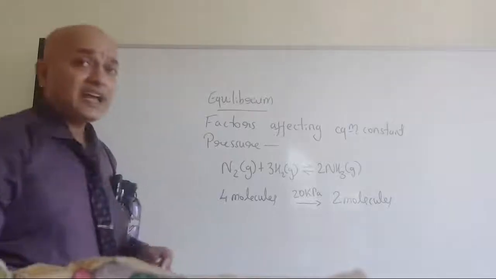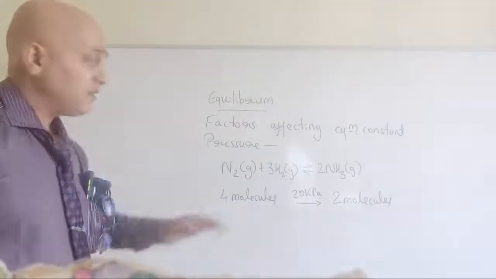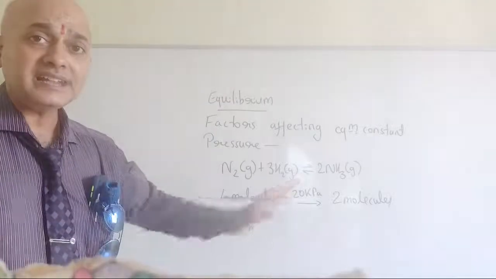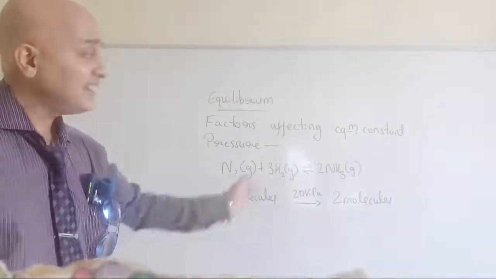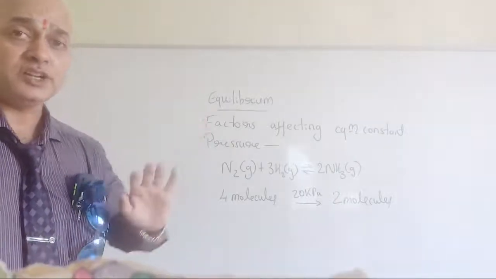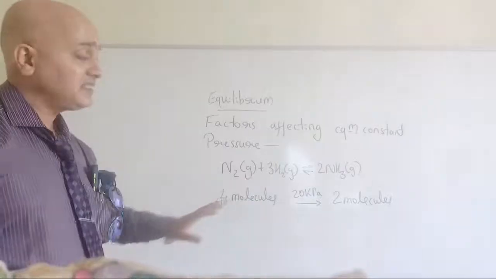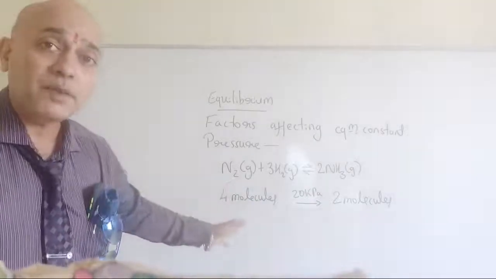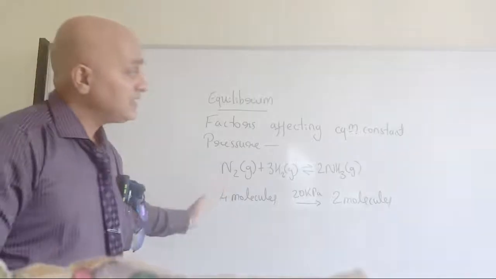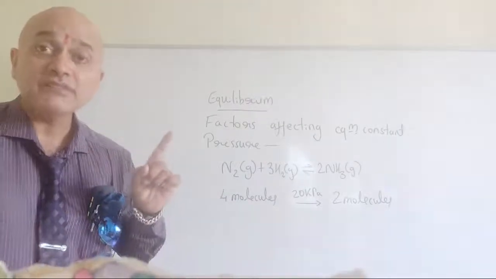So if you observe carefully, whether the number of gaseous molecules is more on the left hand side or the right hand side, naturally it is on the left hand side. Therefore when I apply pressure, the reaction will adjust itself in such a way that it shifts to the side where fewer gaseous molecules are there. Once again I will repeat.